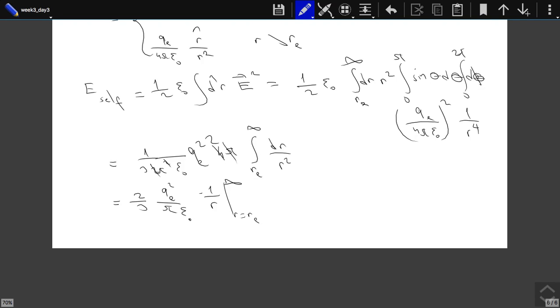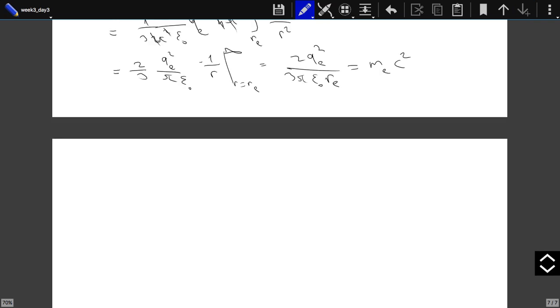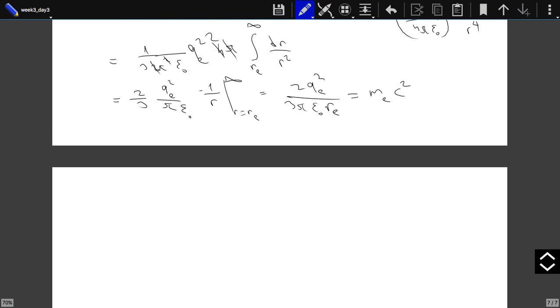And I also have an epsilon 0. So this is equal to twice the charge of the electron squared divided by 3 pi epsilon 0 times the radius of the electron. This is the self-energy of the electron. And if we equate it to the rest mass energy of the electron, we obtain the radius of the electron, the classical radius.